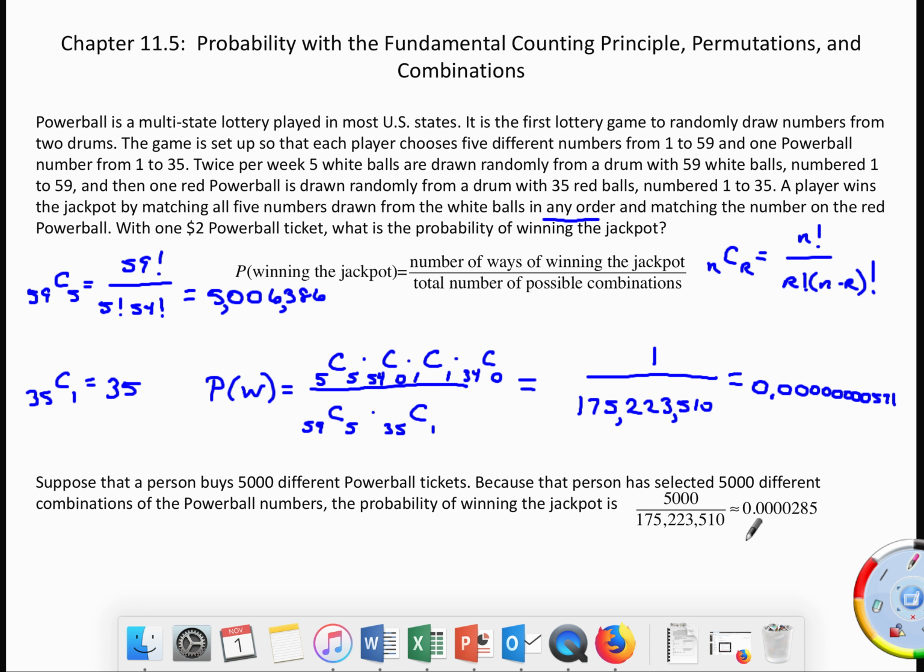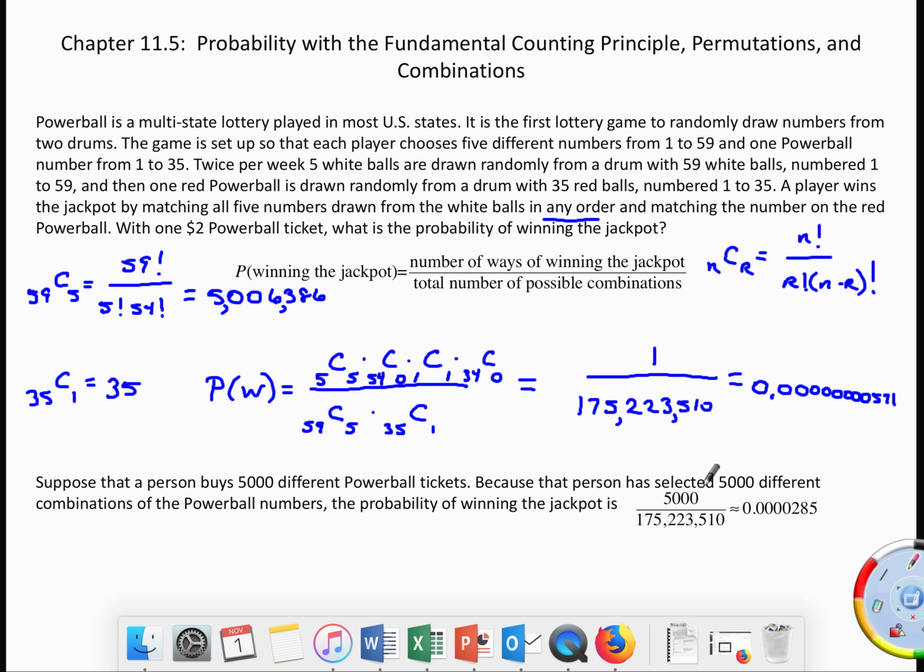Okay, so still not great odds, and it cost you 5,000 tickets times 2, $10,000 to narrow your odds down that much. But again, that's because up here, he had the one winning ticket, right? He bought one ticket, so he had one chance to win.